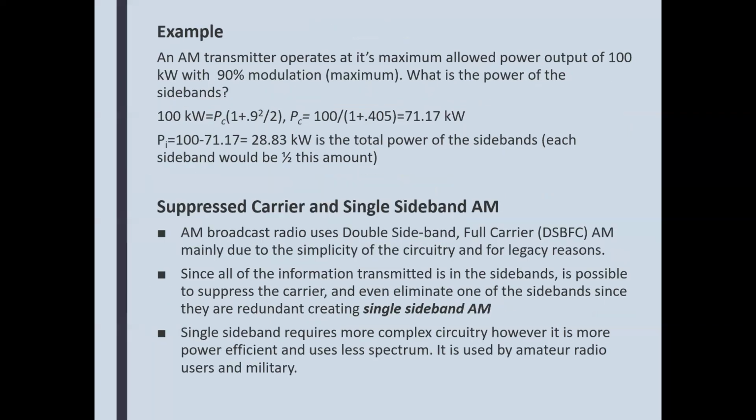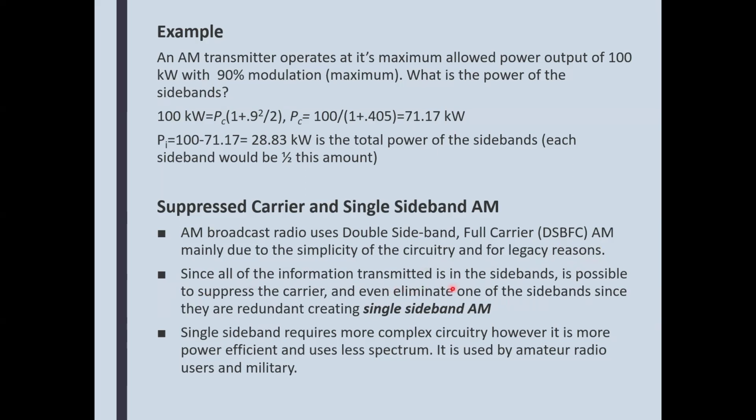More examples, we can take care of the suppressed carrier sideband AM. AM broadcast radio uses double sideband full carrier AM, mainly due to the simplicity of the circuitry, and for legacy reasons, because it's been there for a long time.